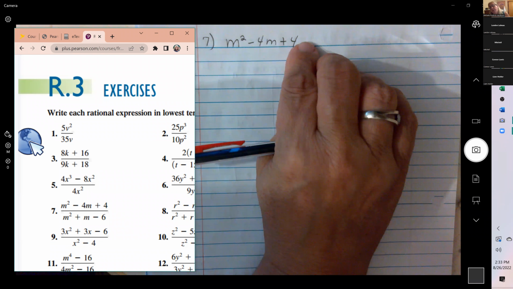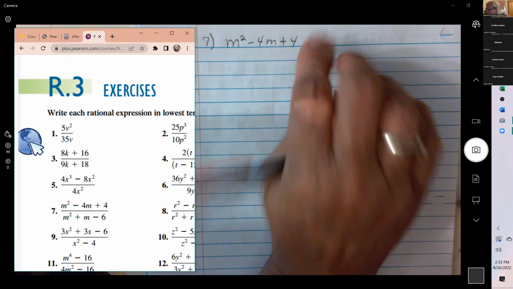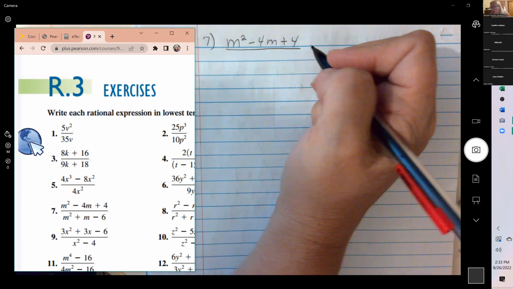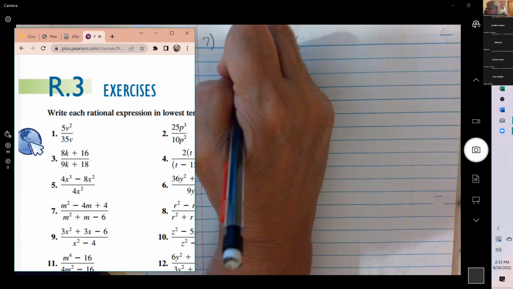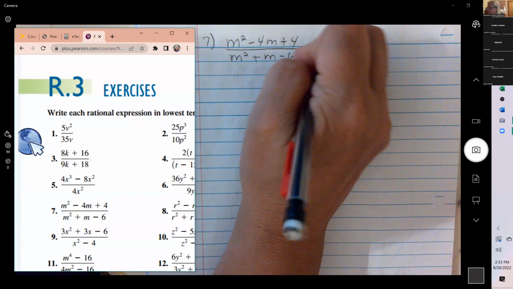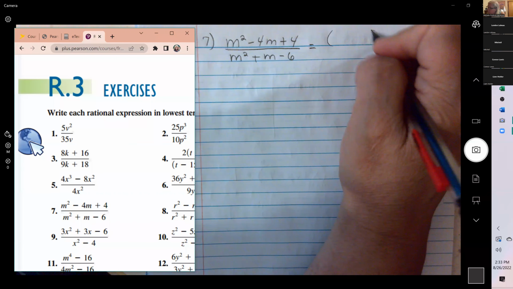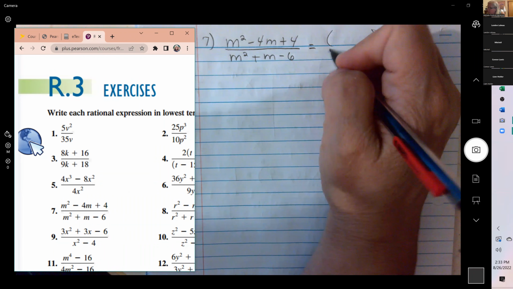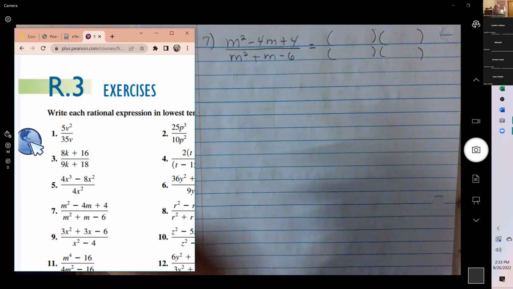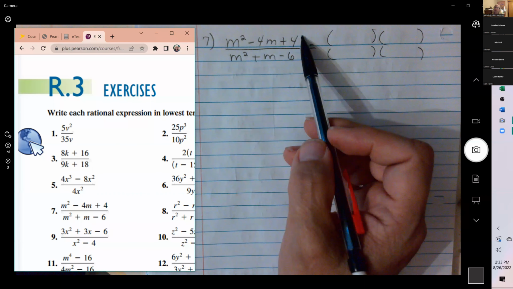When you have separate terms, you can't just cancel them. You have to factor first. So we need to factor the top and the bottom. Then if they have like quantities, you can cancel them.